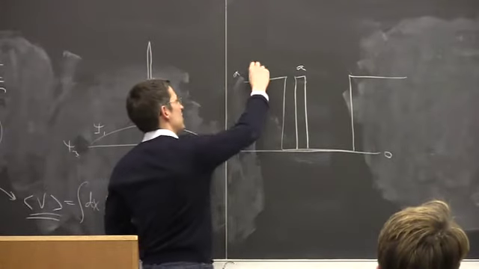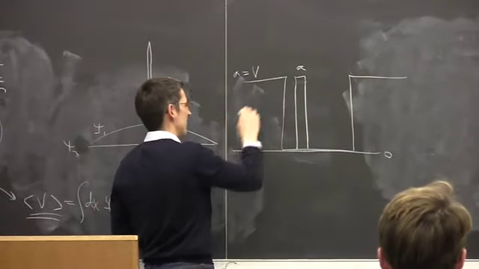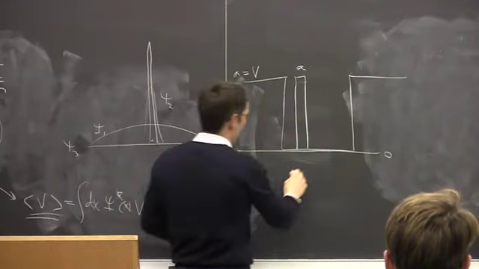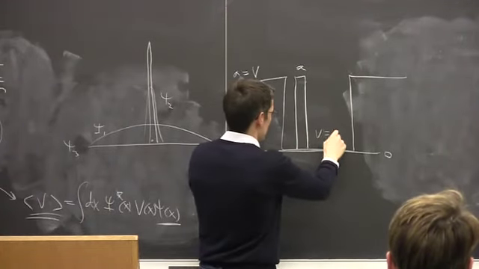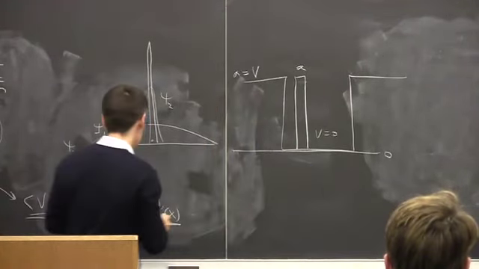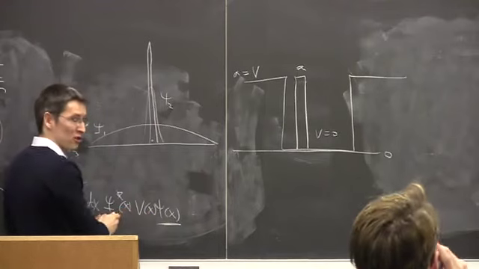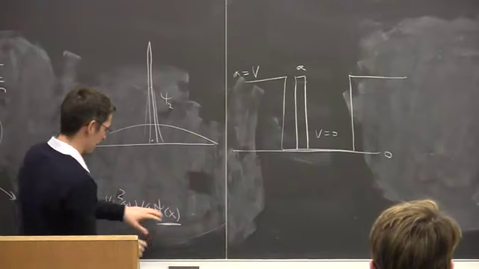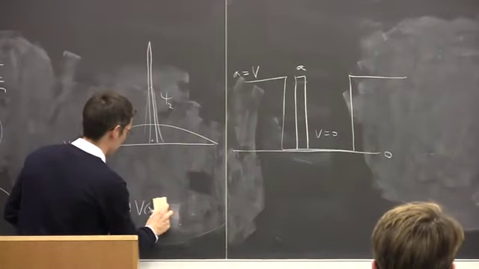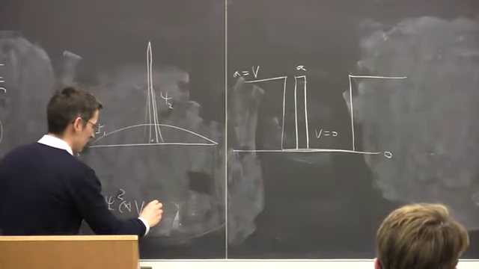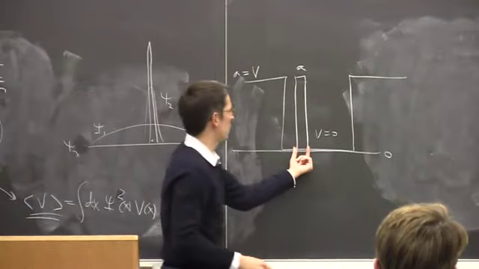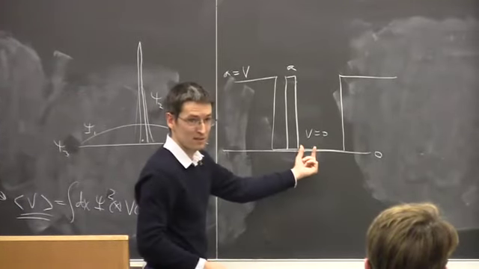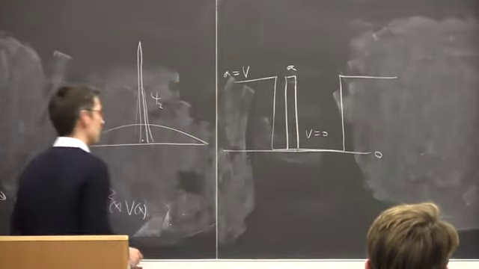Okay, the potential is equal to a outside and equal to 0 inside. We're considering the integral of potential times function, and the function is real, so it's the square of the function times the potential. So what's the value of the integral if I put my wave function inside, where the potential is 0? Good.